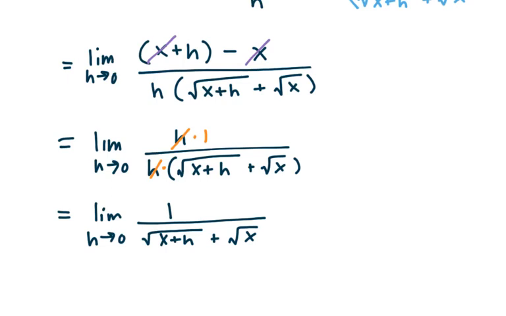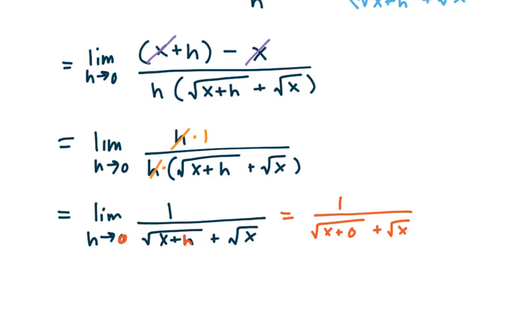Now, at this point, if I am to try and evaluate this and plug in 0 for h, I will not get 0 in the denominator. So I'm going to plug 0 in for this h value, and this turns now into 1 over the square root of x plus 0 plus the square root of x.